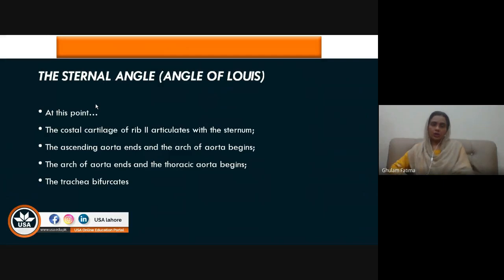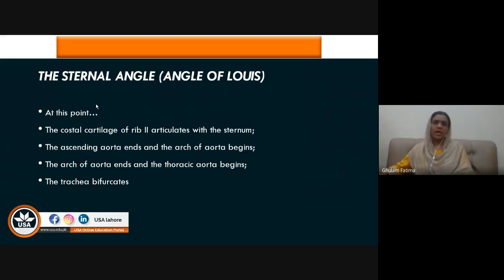Why are we discussing this sternal angle again and again, and what is its importance? This is the point where your costal cartilage of the second rib articulates with the sternum. In simple words, this is where the second rib is attached to the sternum.